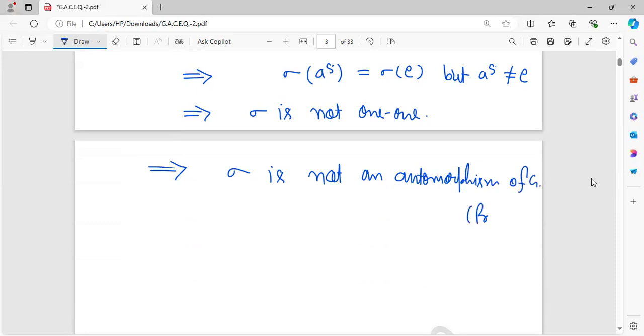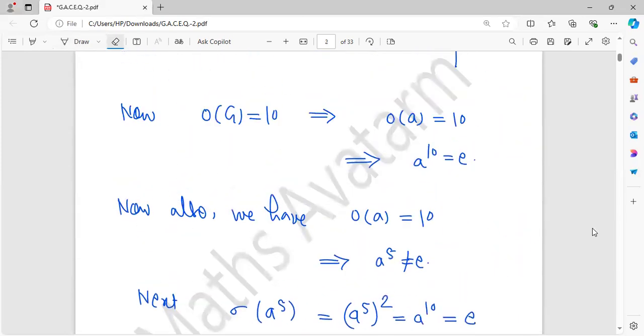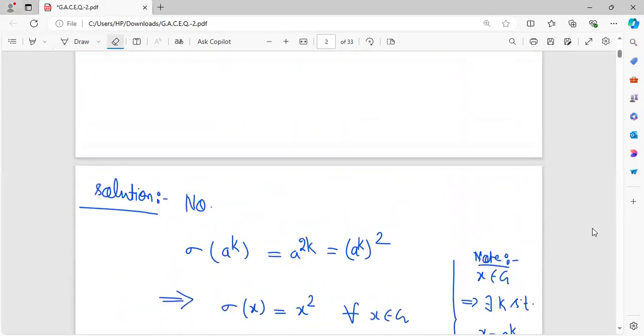So the answer is no, so this statement is false. In place of no, I should write false, because the answer is required either as true or false. So it is false.